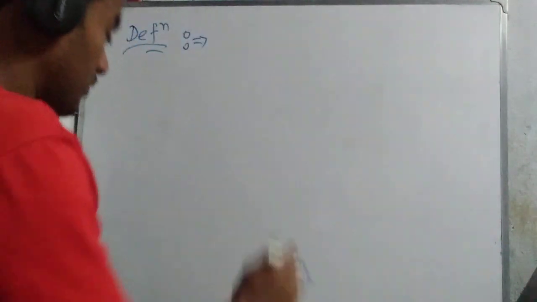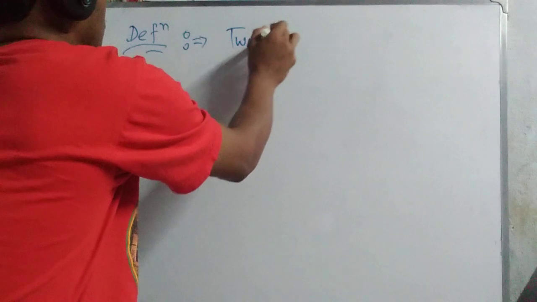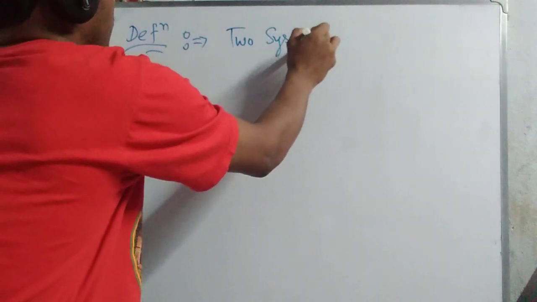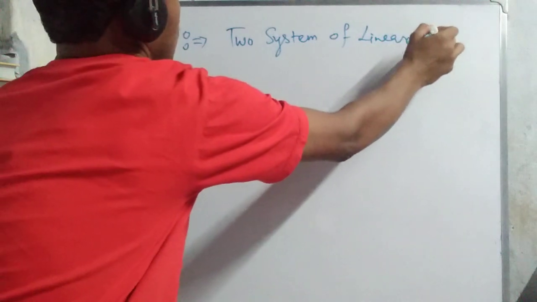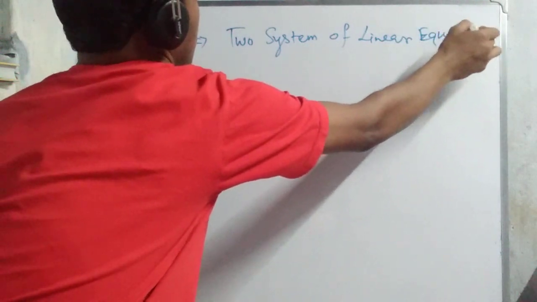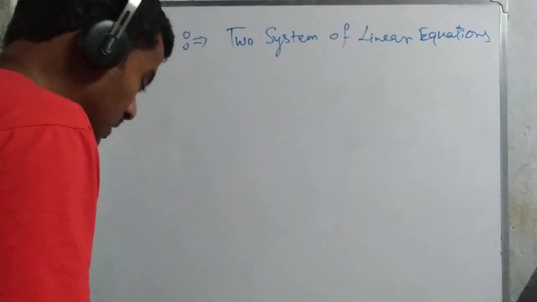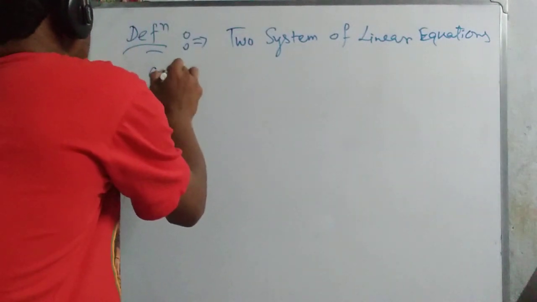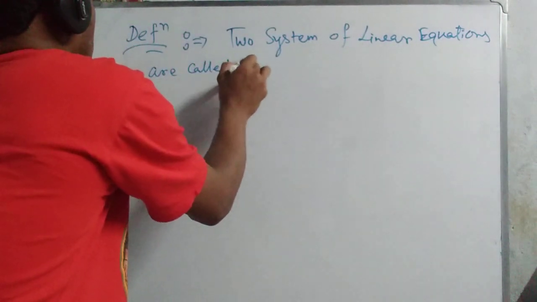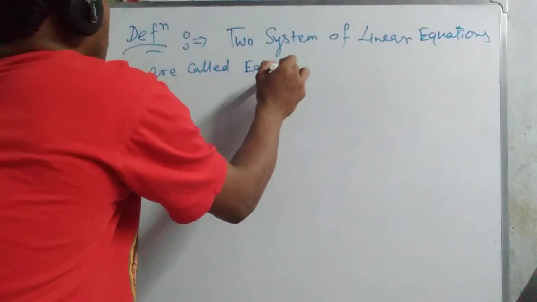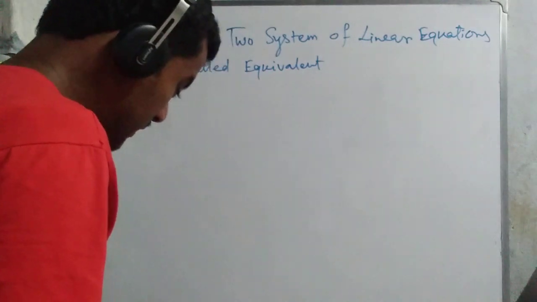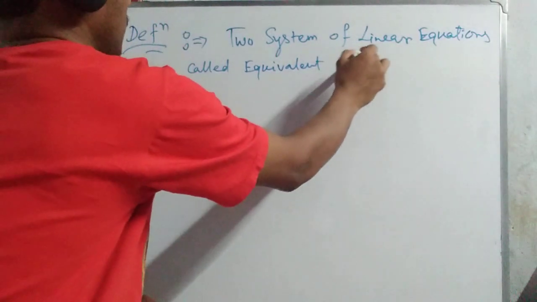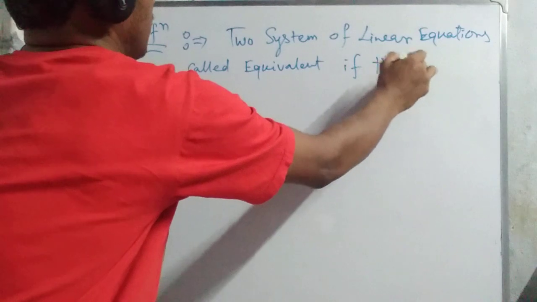Two systems of linear equations are called equivalent if they have the same solution set.